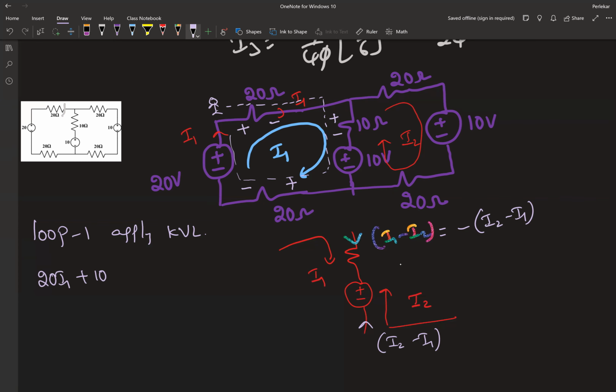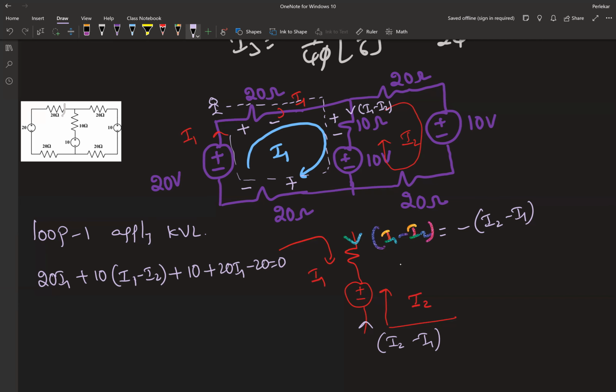Since I'm in loop 1, I'm assuming I1 is larger than I2, so it is going to be I1 minus I2. I assigned these positive and negative signs based on my current direction. Plus 10 plus 20 (I1 minus I2) minus 20 equals 0.